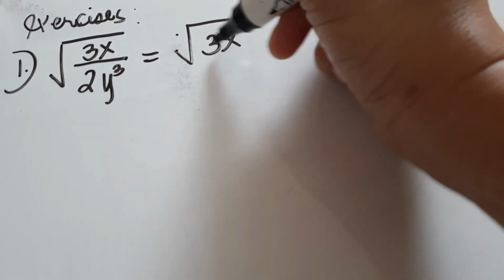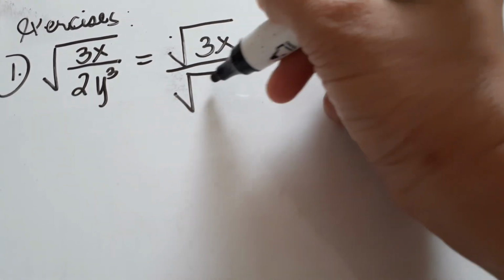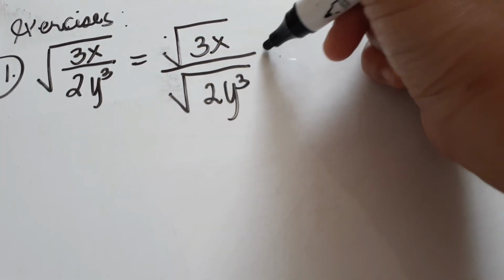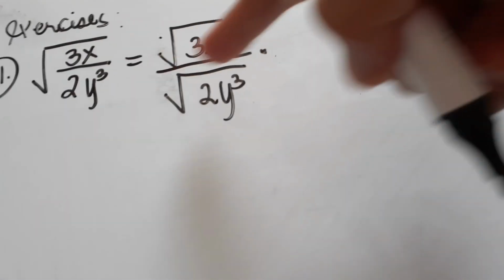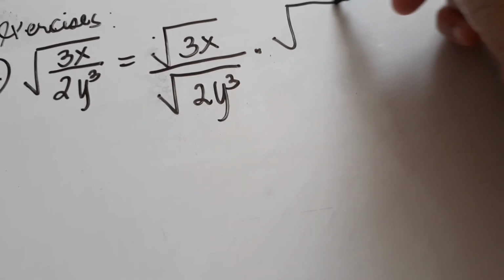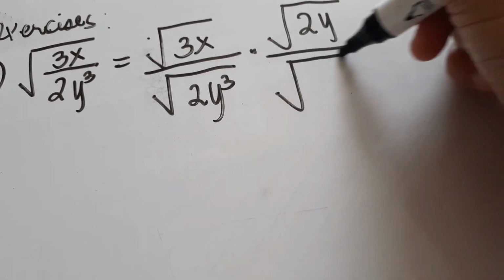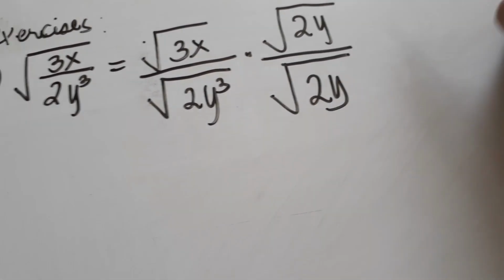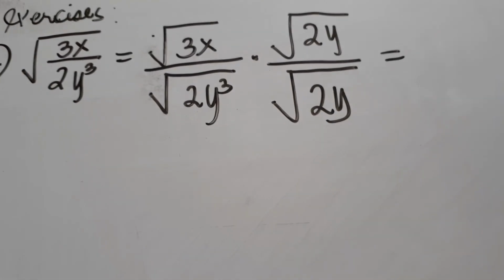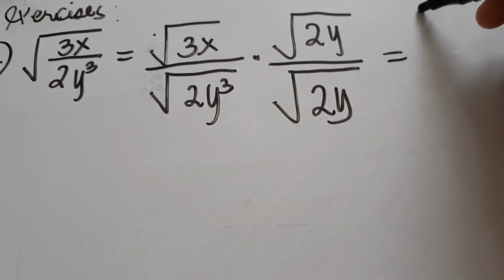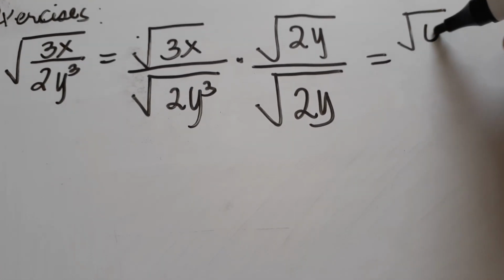So we can separate its numerator and denominator. Since our n is 2 and the exponent is 3, we can add one more, so our denominator needs 2y. So we can multiply its numerator and denominator by square root of 2y.